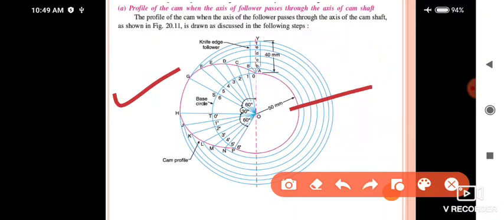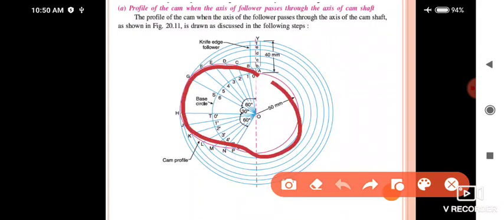Then mark the degrees on this base circle, divided into 6 equal parts. Then extend those lines and draw a smooth curve, that is the cam profile.